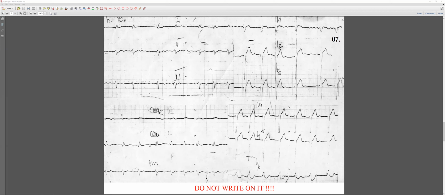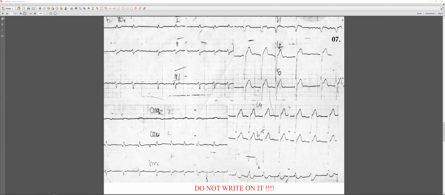Okay. And the QRS is wide. Yes. So right bundle. What? I didn't hear you.